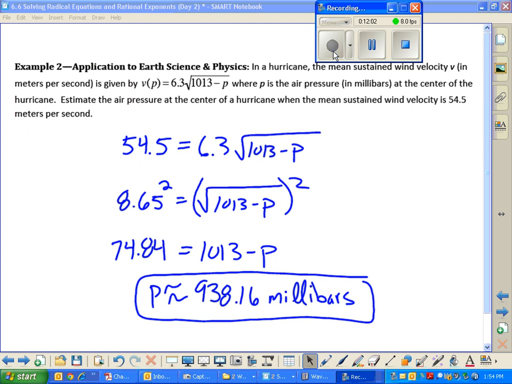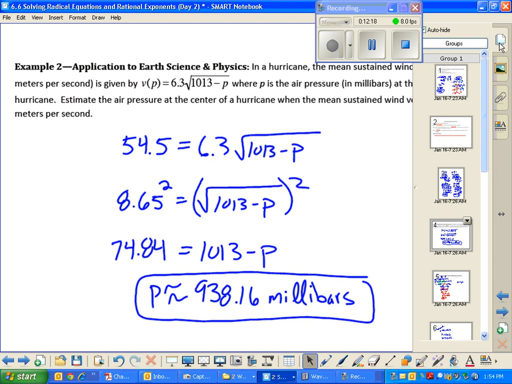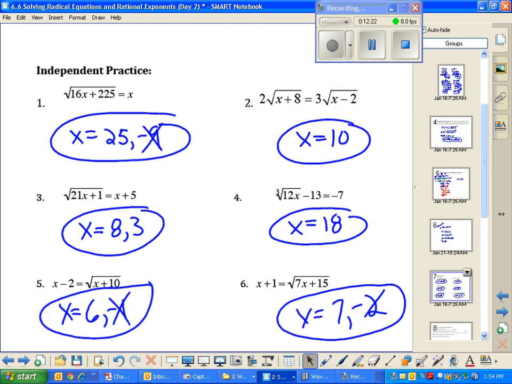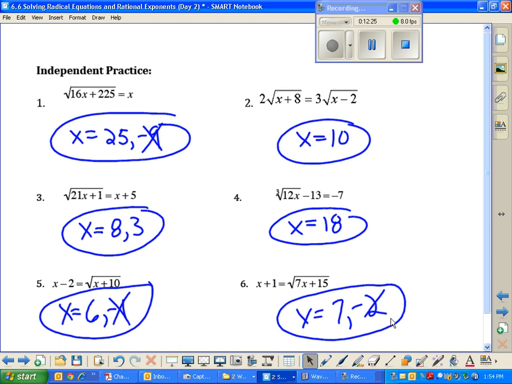All right, so now our big skill for today. Remember that in this problem, we did try to isolate the radical first. That is usually step one. But as you even saw on last night's assignment, it's not always possible. Can anybody remember a case from their homework last night where you couldn't isolate the radical first?